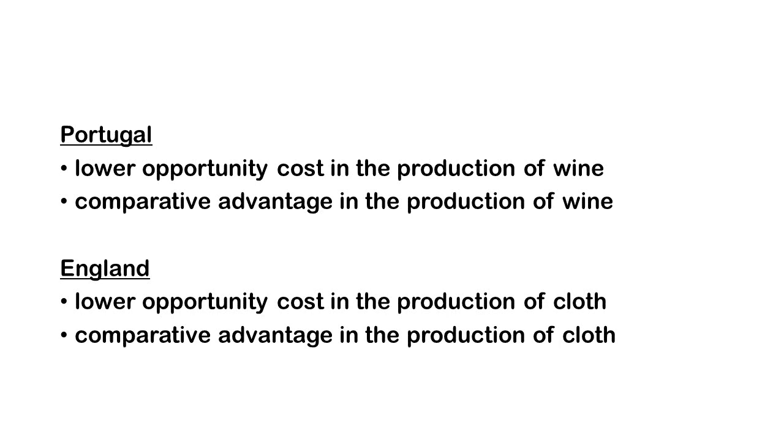So Portugal has a comparative advantage because of lower opportunity cost of production in the case of wine, and England has a comparative advantage in the production of cloth because its opportunity cost is lower. So, Portugal has lower opportunity cost in the production of wine, so it has a comparative advantage in the production of wine.